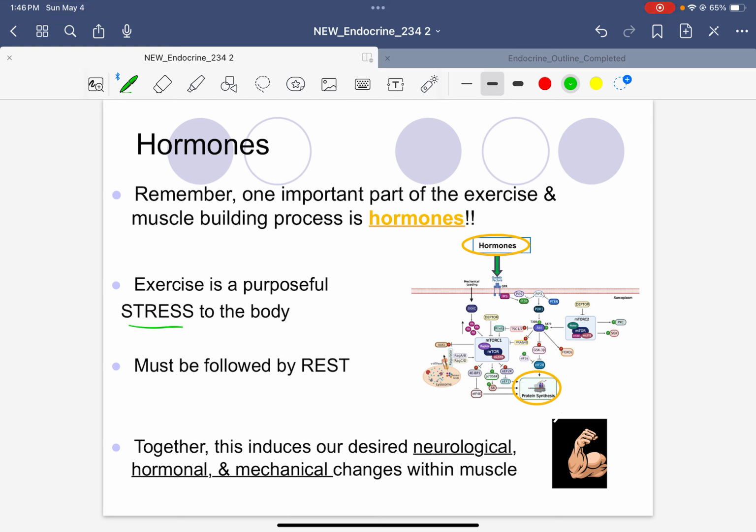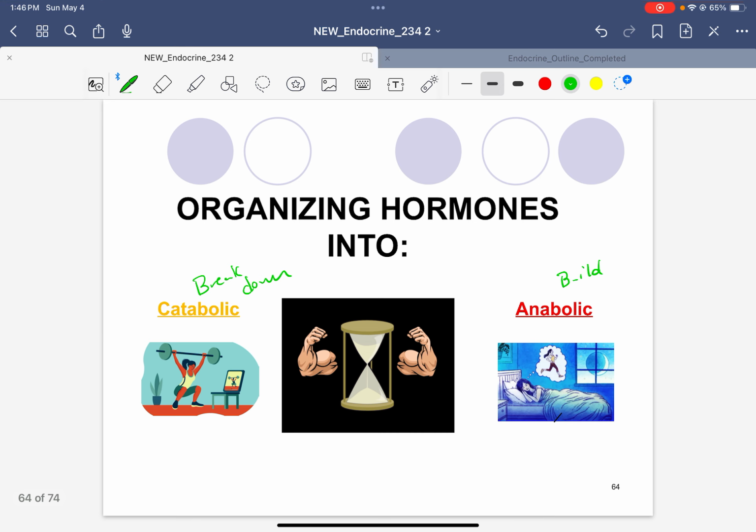You want to increase muscle mass, decrease fat mass. You want to increase your ability to perform at a certain sport or task. We must have both. You must have the stress to the body, and we must have rest. If we only have the stress, we're only going to be in the catabolic state, and we're never going to be able to build.